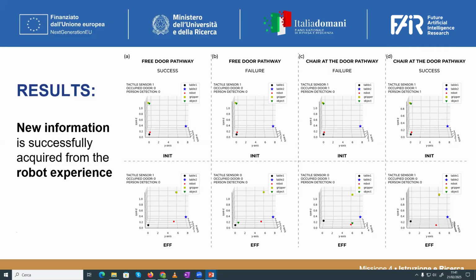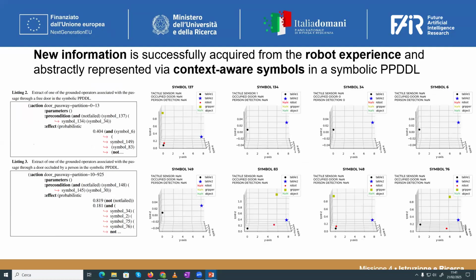Information means the state. And so we can generate at the end new operators. For example, this is a PDDL representation of the operator to move the robot from a table to the door. And there are two different situations. One situation is where the door is free, and the other one when there is a person close to the door. And these are the representation of the symbols.